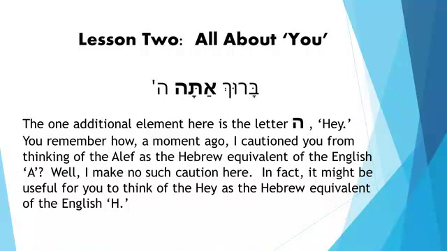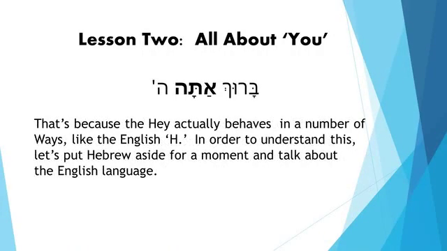You remember how, a moment ago, I cautioned you from thinking of the aleph as the Hebrew equivalent of the English A? Well, I make no such caution here. In fact, it might be useful for you to think of the He as the Hebrew equivalent of the English H. That's because the He actually behaves in a number of ways like the English H.